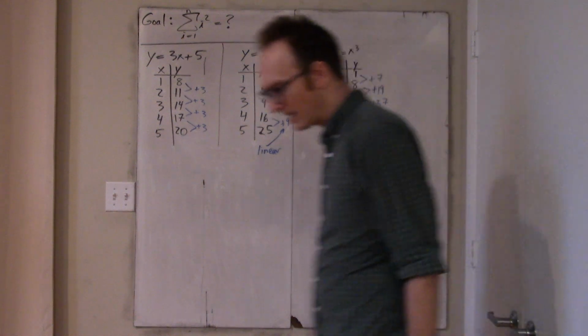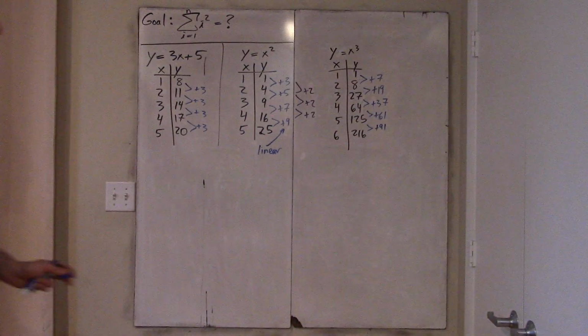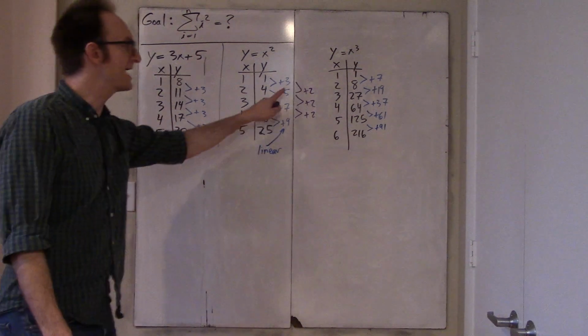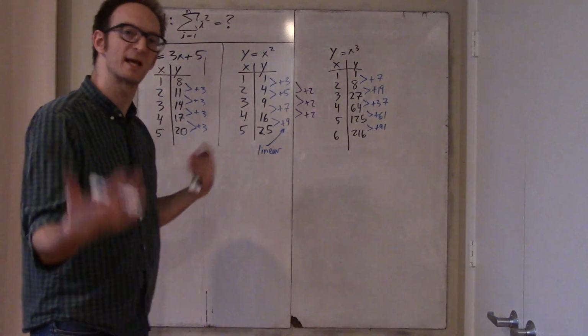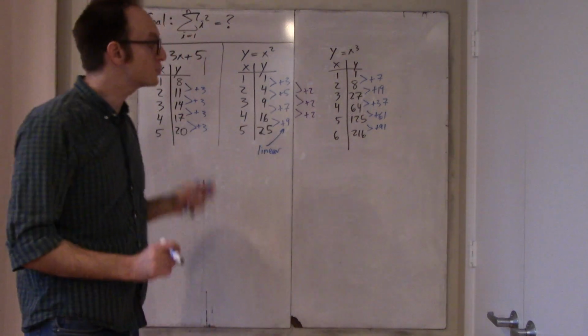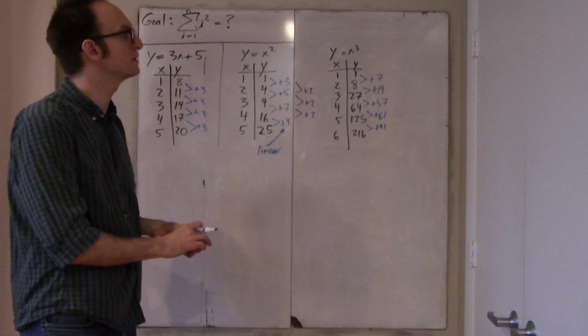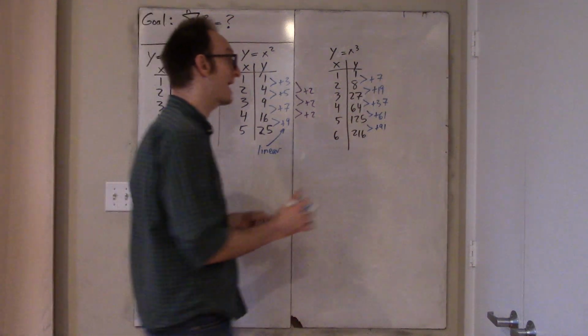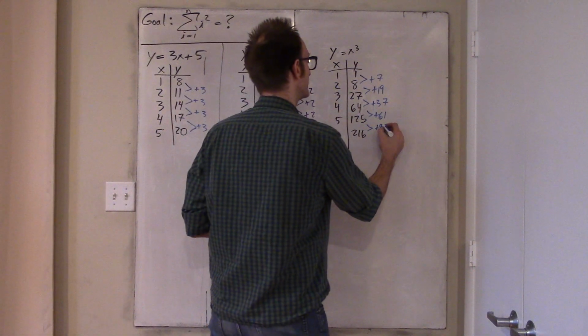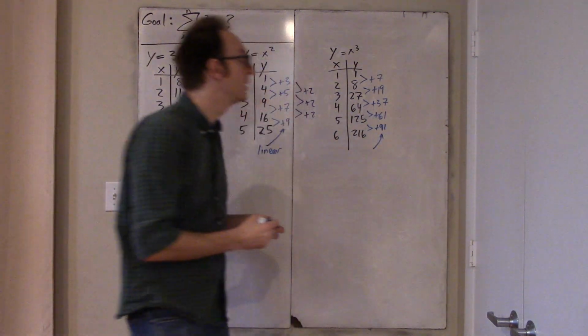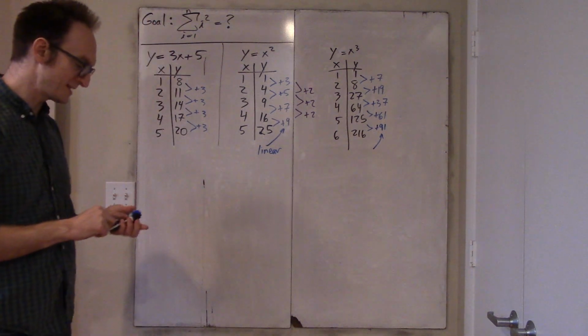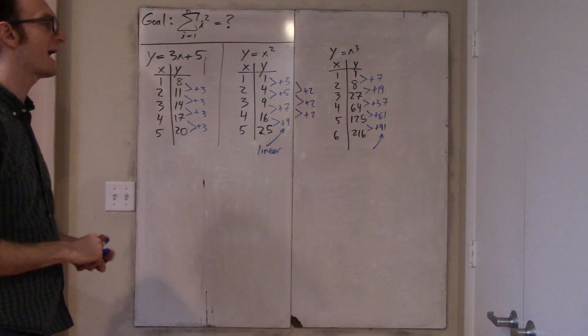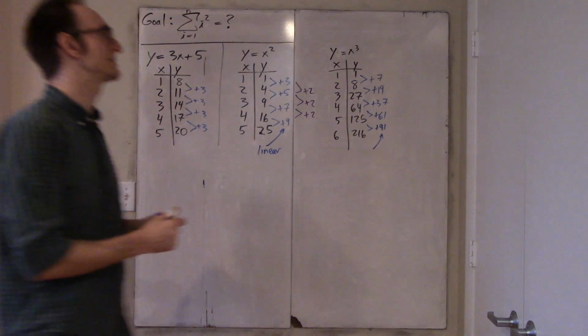Okay. Well, here's the thing. I recognized 3, 5, 7, 9 as being the odd numbers. I do not recognize 7, 19, 37, 61, 91. Those are some numbers, but what kind of function this is, I'm not really sure. And I want to know. Well, one thing I might do is reveal its nature by checking its own finite differences.